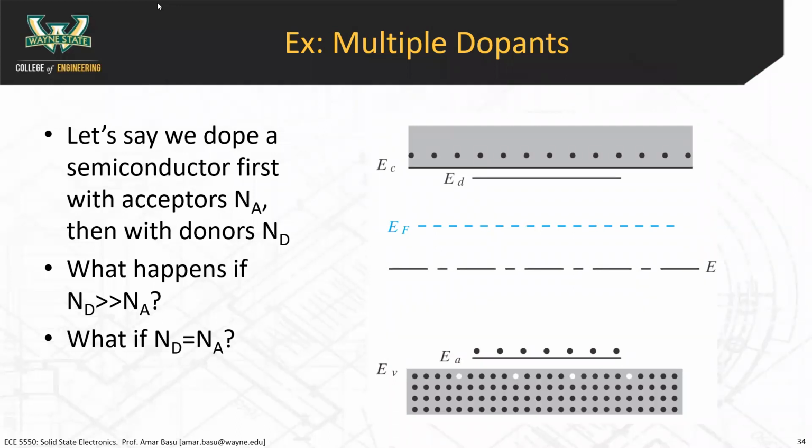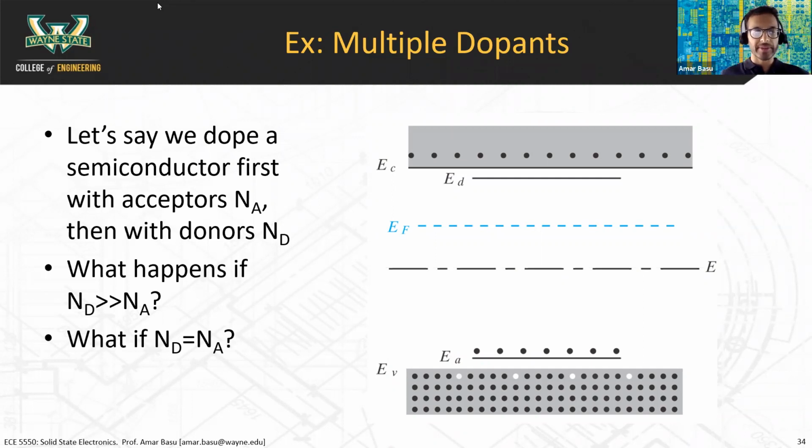Would your EC become, like, the density get larger if your ND was greater than NA? What would get larger, Corey? Sorry, I missed that.